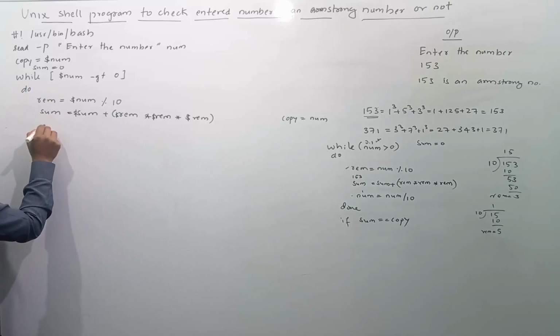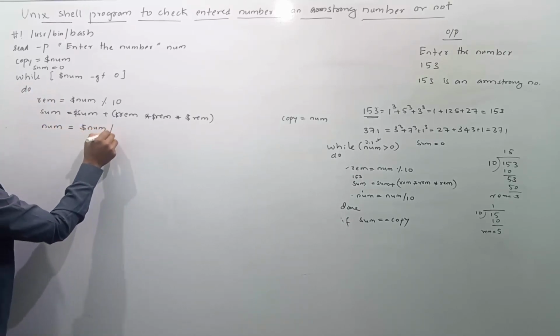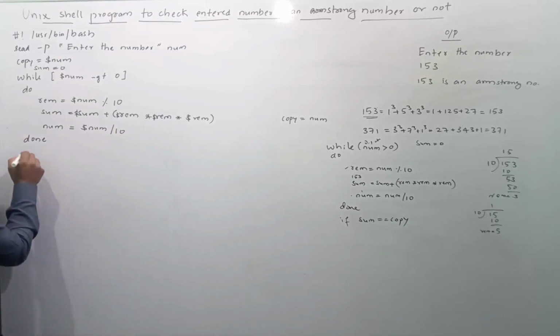Okay, and then num = $num by 10. Done. Okay, next I need to make the comparison.